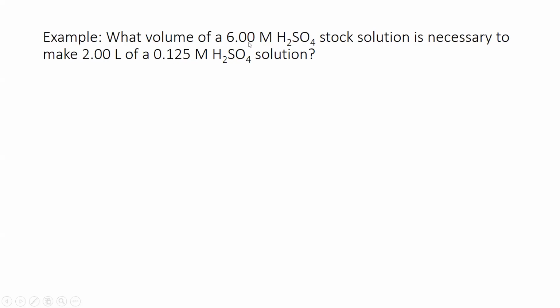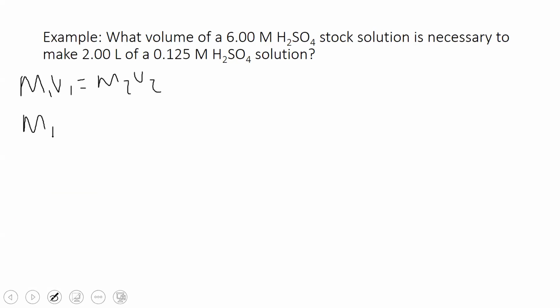So again, if we notice that this is M1V1 equals M2V2, and you list things again. All right, so we know that our initial concentration is this stock solution, so that's 6.00 molar.